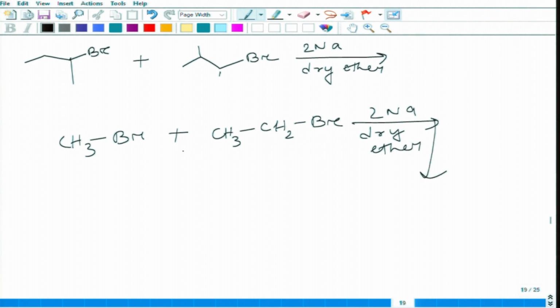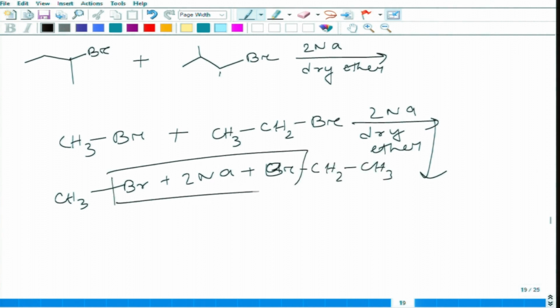First the easiest possible case that we can imagine, two NaBr will be liberated and we get propane, right.